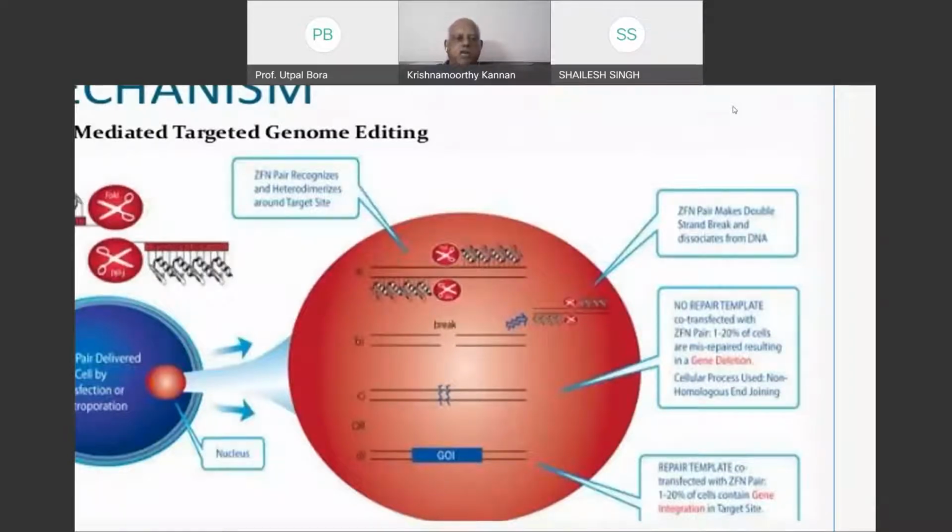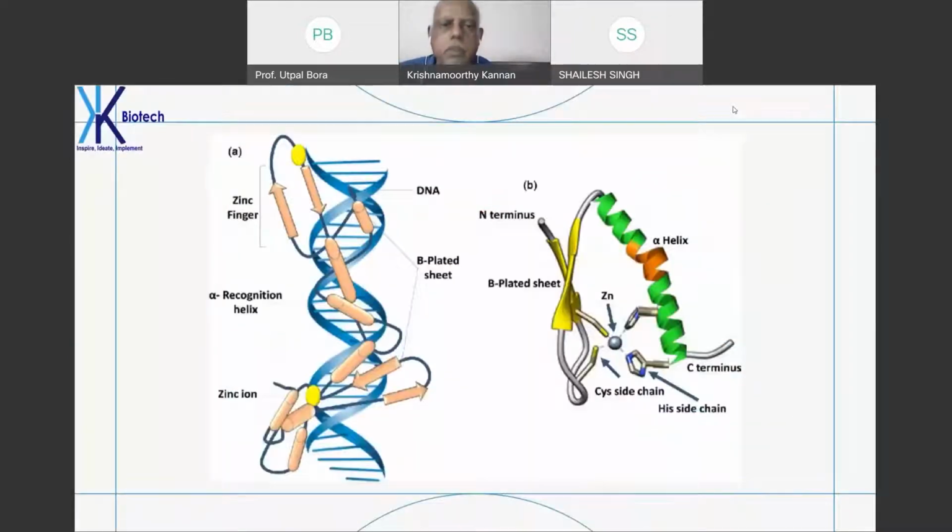So you need some nanoparticle to deliver it. Luckily, the nucleus is porous, so it can go through and then do whatever repair it has to do. And this is the typical zinc finger design. This work was essentially done by Aaron Klug and his group, whom I had the pleasure of knowing.